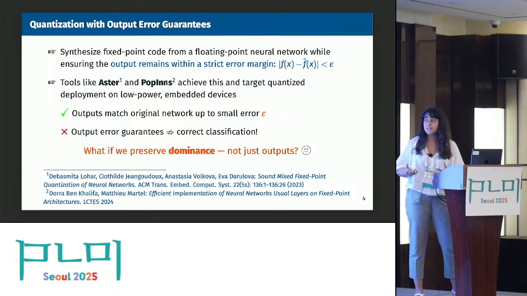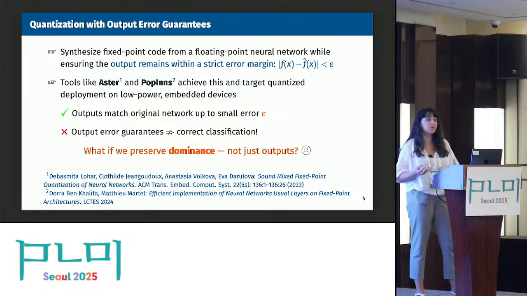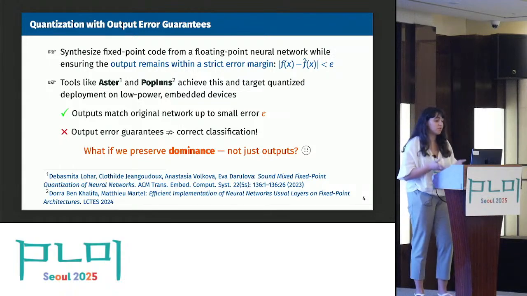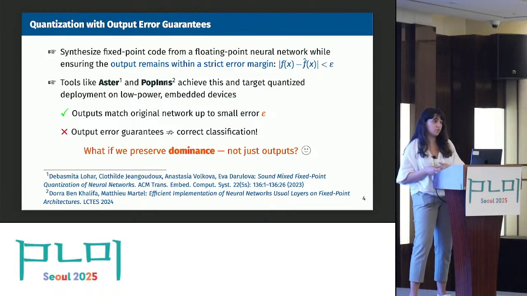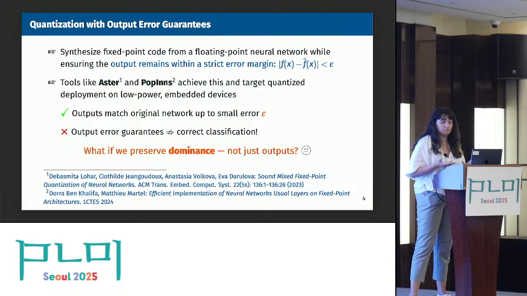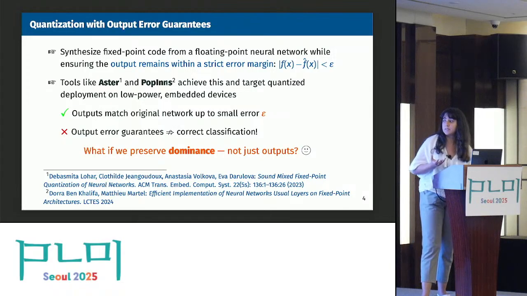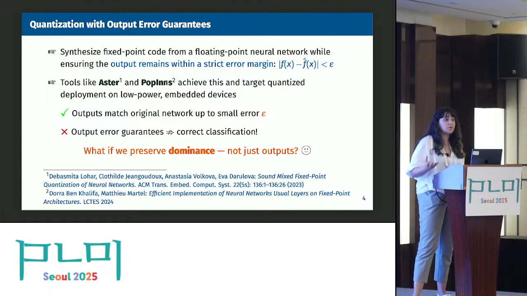this method is not enough for doing quantization. Why? Because it's true we give a guarantee on error bounds, but it's not a functional property that determines that the quantized neural network behaves correctly like the original one. In this talk, we are interested in quantizing neural networks while giving a guarantee on a more important functional property, which is dominance.